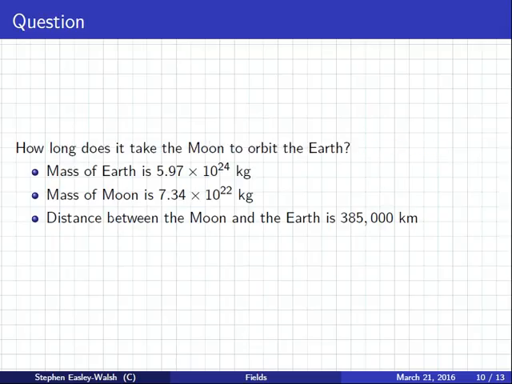Now, try this one. How long does it take the moon to orbit the Earth? A day. No. If you consulted Dr. Anne, you would know. Think about the calendar system you use.